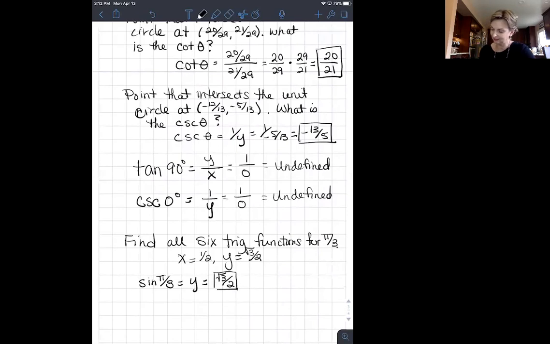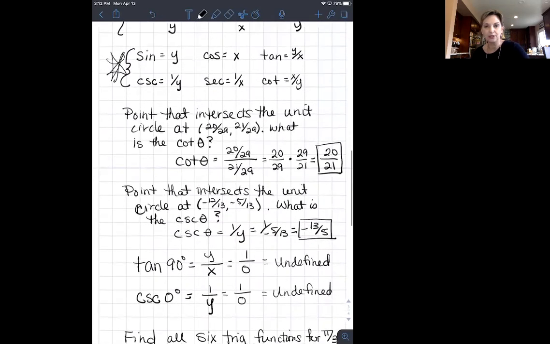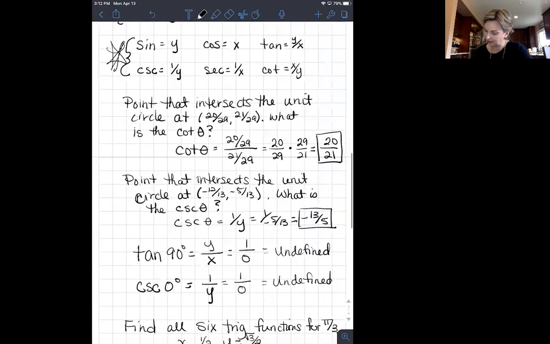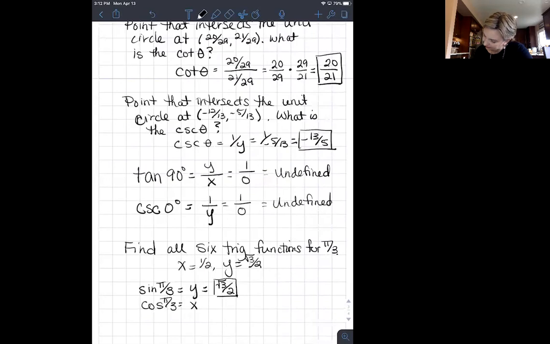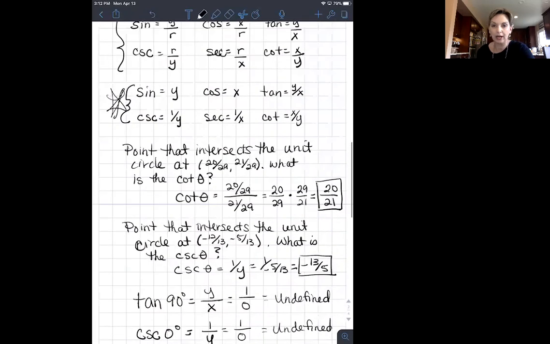And what about cosine? Cosine, from right up here, is equal to the x value, which is 1/2. How about tangent? Tangent up here I have is y over x.